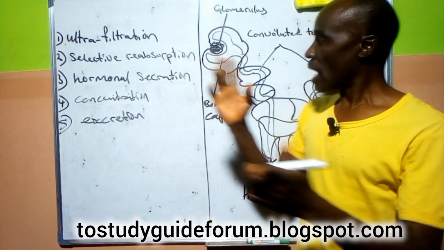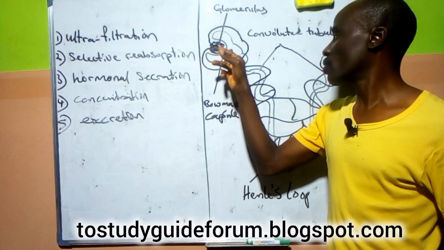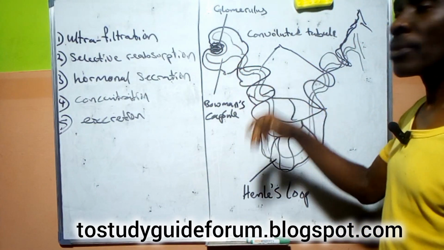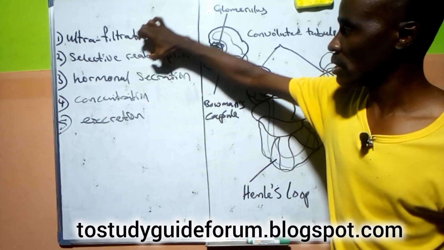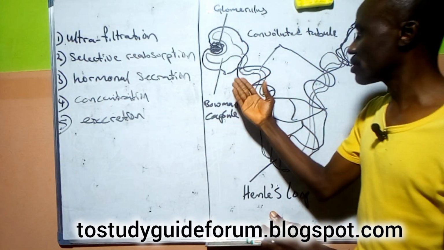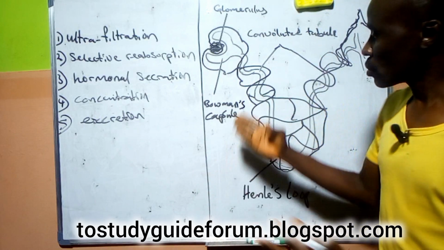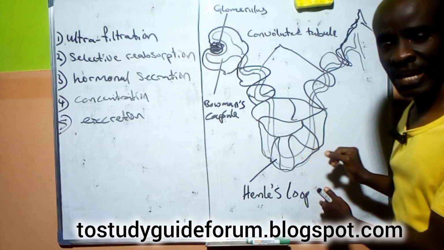Now, as the filtrate enters the tubules, it moves down. There is what we call selective reabsorption. That is when selective reabsorption takes place. During this process, water is reabsorbed. Some ions are reabsorbed when we get down to the loop of Henle.